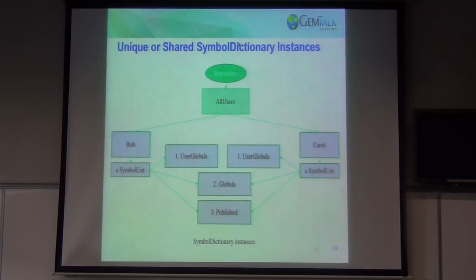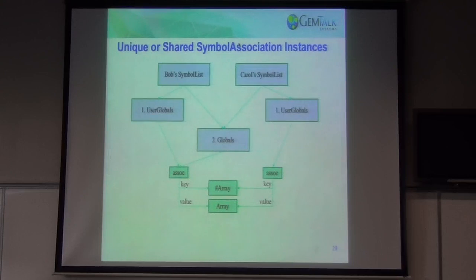The third entry is something called published. Carol also has a symbol list with user globals that are unique to this user, and globals and published are shared. So these are symbol dictionaries that are in the symbol list for respective users. Some are shared and some are unique.